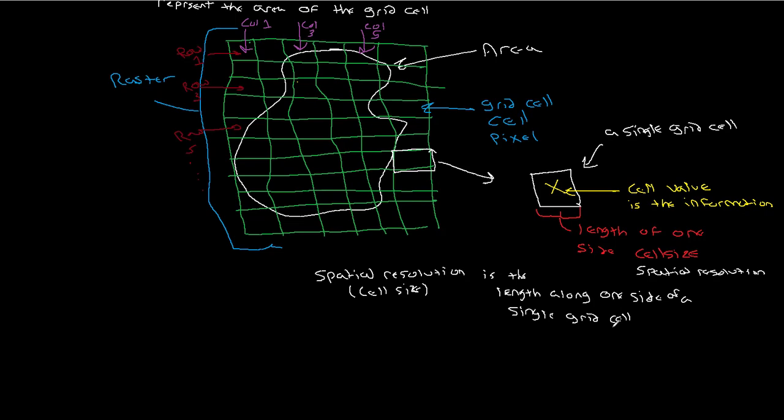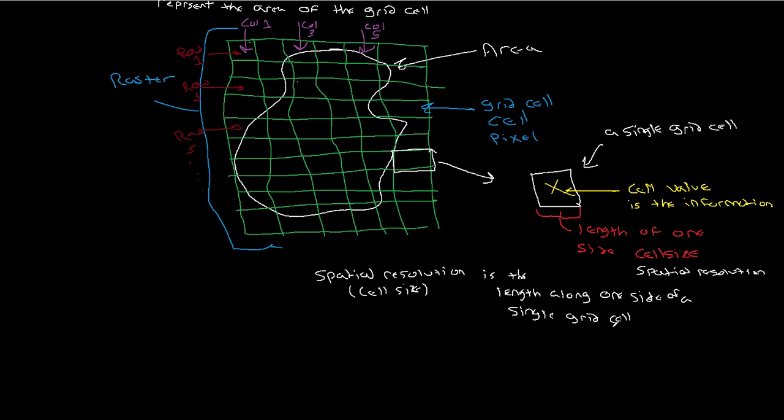So with this information, the idea that a raster is an arrangement of grid cells in rows and columns, and that each grid cell contains a value that represents the area that is under that cell, and we can determine the size of a cell by specifying its cell size or its spatial resolution, we should have a pretty solid understanding of how rasters work.